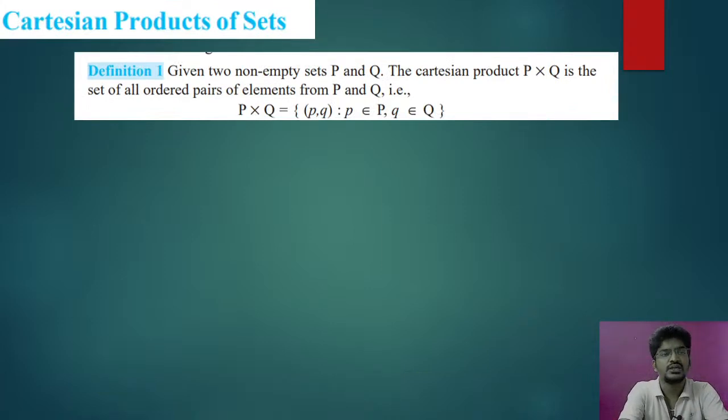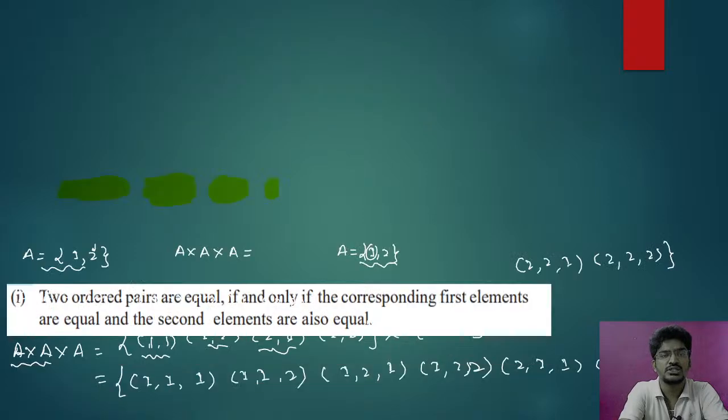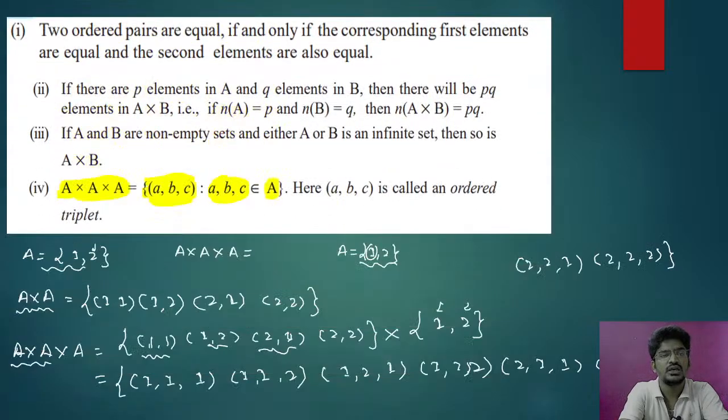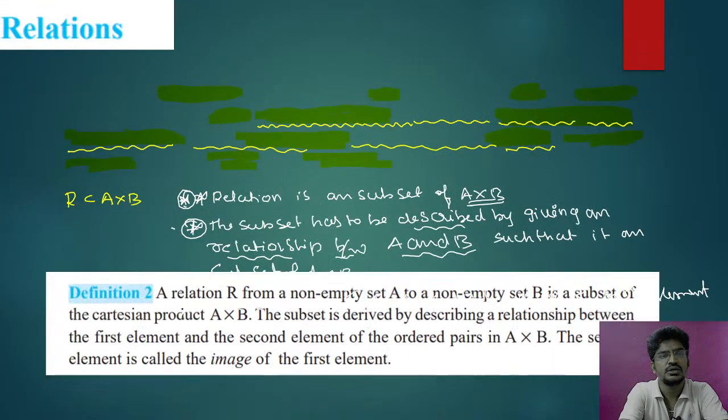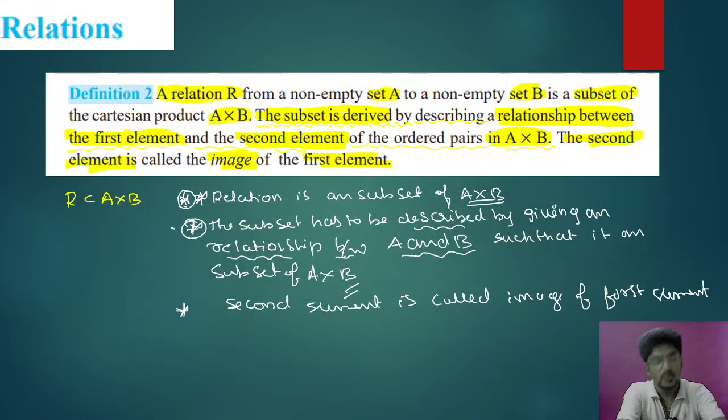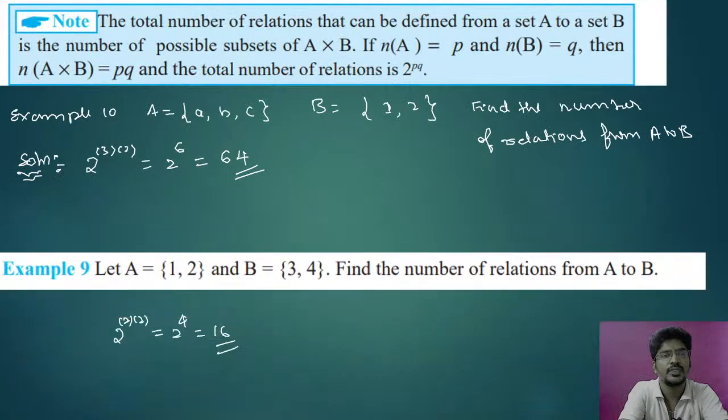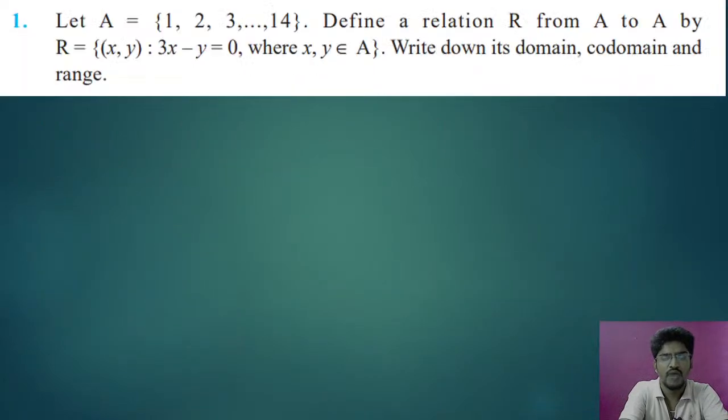Yesterday we were studying about Cartesian products, and we saw some 3 or 4 important notes and also solved 2 examples. Next we went through the relations topic, and now we have to continue with our exercise problems.